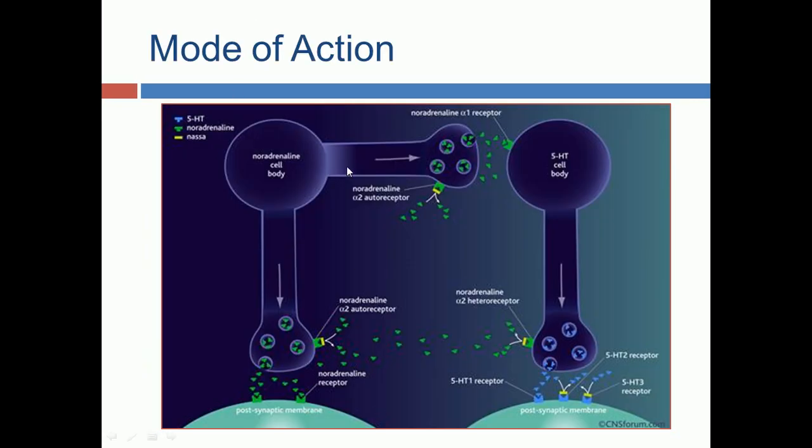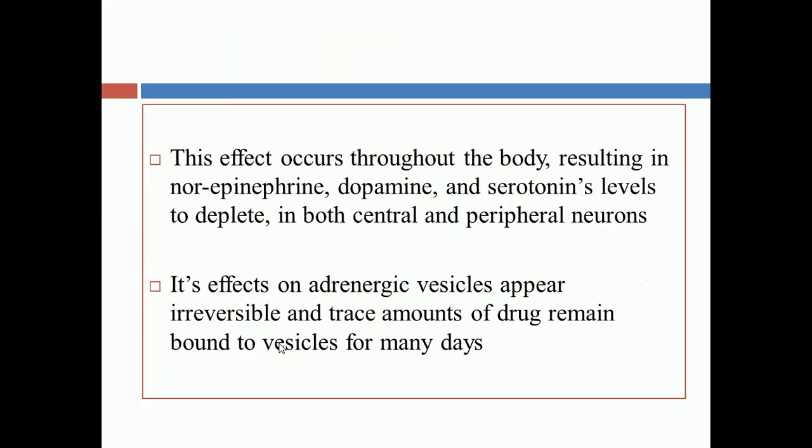This is how the postsynaptic membrane and noradrenaline receptor work, noradrenaline being released here. In the noradrenergic cell body, these are packaged into vesicles, and upon the entry of an action potential, these are released, bind with the receptors and produce effects. What this drug does is it blocks the uptake of these neurotransmitters into the vesicles.